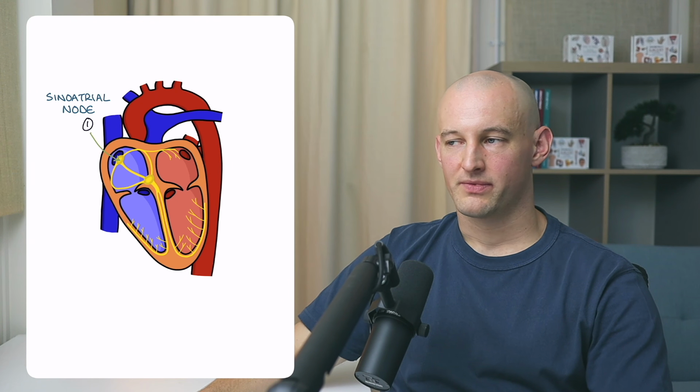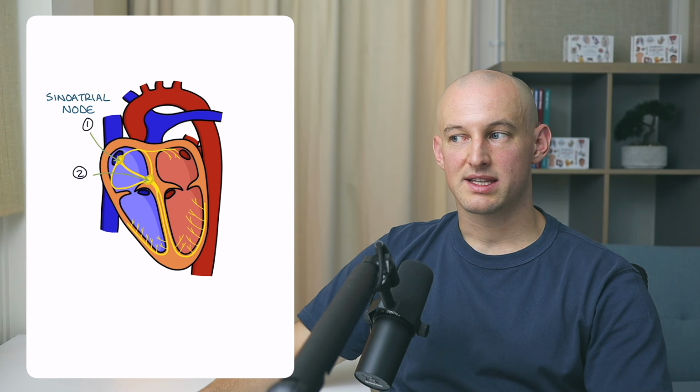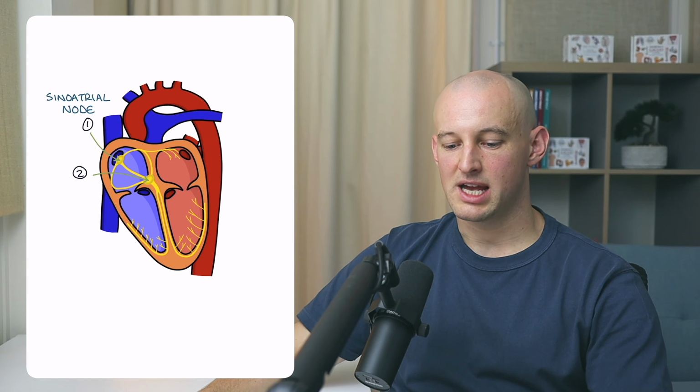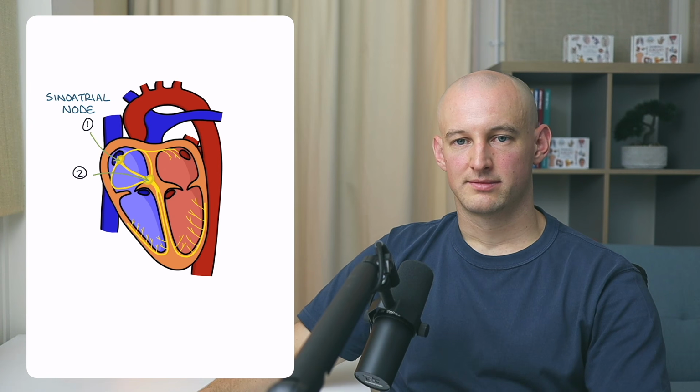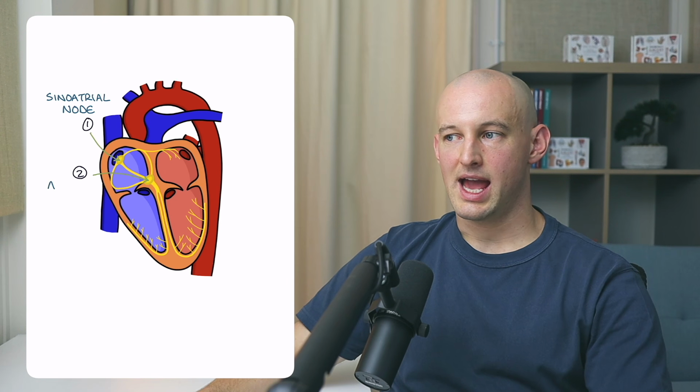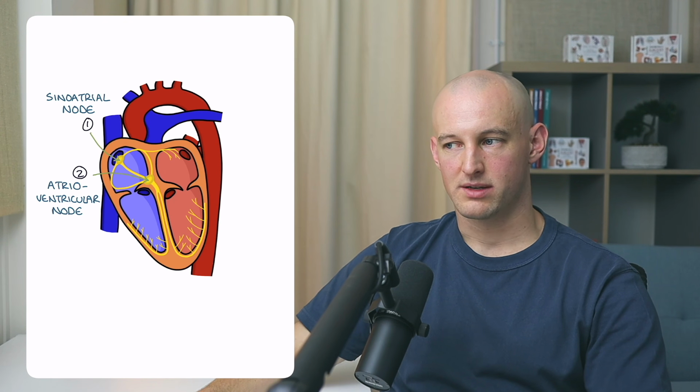This is the sinoatrial node. Question 2. What is the name of this structure which helps electrical signals pass from the atria to the ventricles? This is the atrioventricular node.